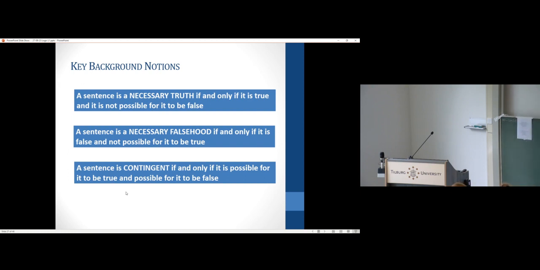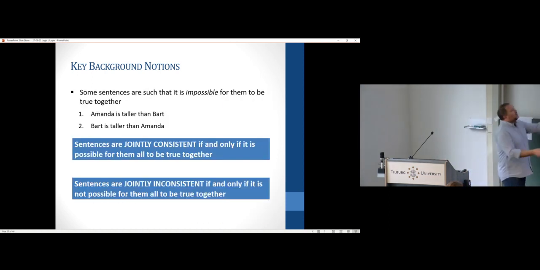Yes? What's the difference between necessary falsehood and jointly inconsistent? Good. Very good question. So one thing to note is that necessary falsehood is a property of a single sentence. And joint inconsistency is potentially a property of several sentences, right? So if we look at 1 and 2, neither of those is a necessary falsehood, but taken together, they're inconsistent.